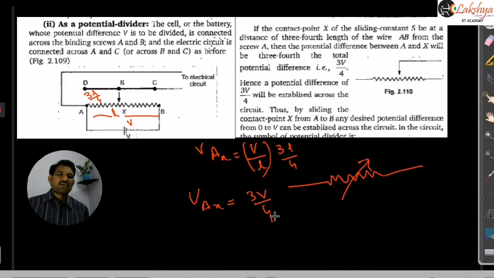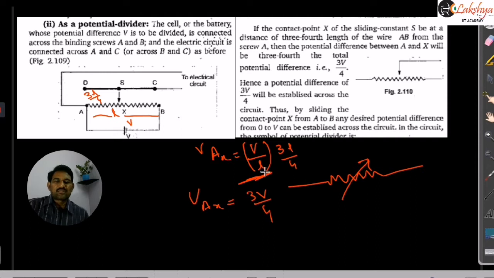So 3/4 of the total potential difference will be there in that given circuit. In the potentiometer, this part is very important. You can observe that this is nothing but the potential drop per unit length. If V is the total potential difference across this length L, then the potential drop per unit length is called the potential gradient, right?